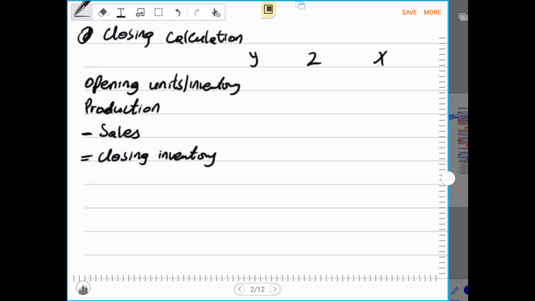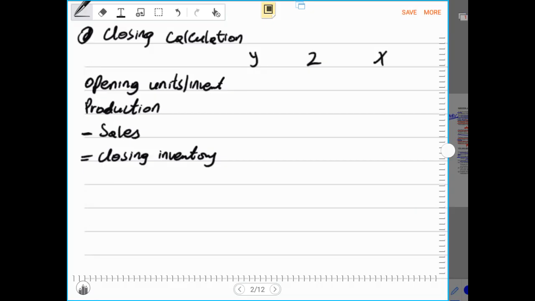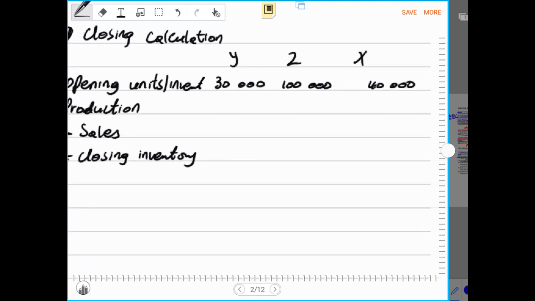So now in this case, we have to check how many units were the opening for product Y, Z, and for product X. It was 30,000, 100,000, and 40,000. So these are the units that were there at the beginning of the period for all the 3 products.